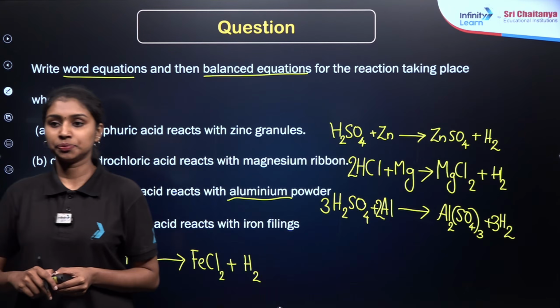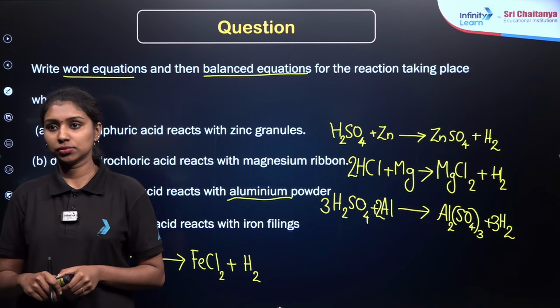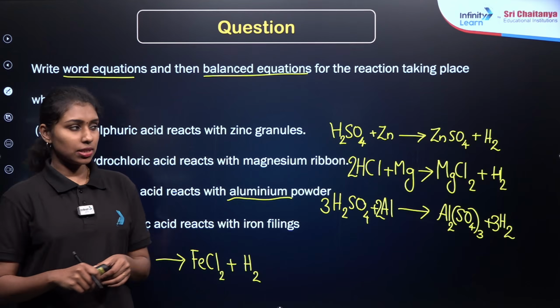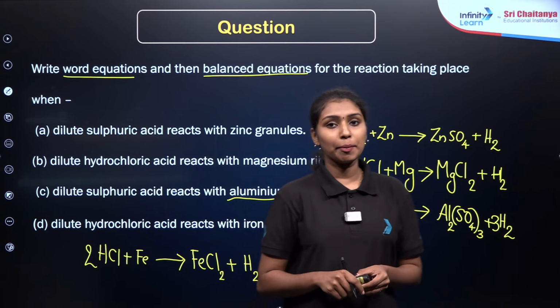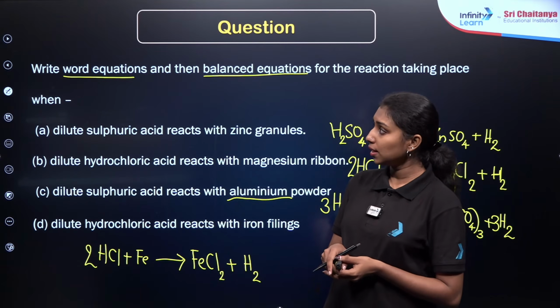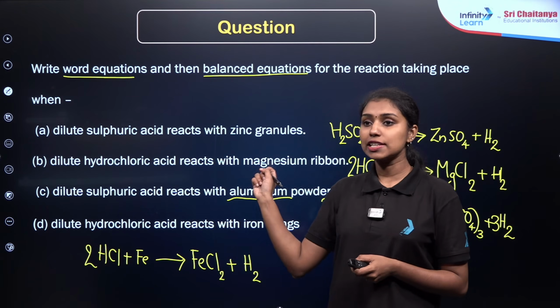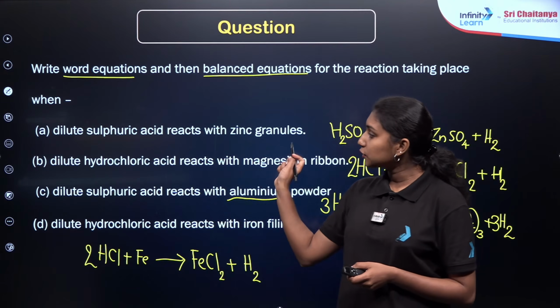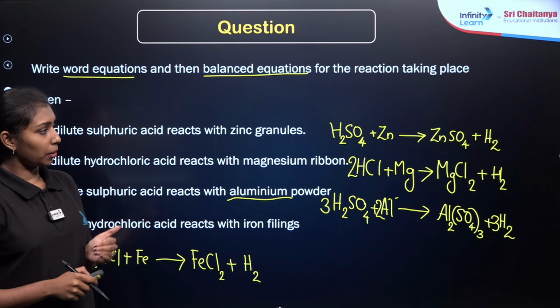Is that clear? You can expect this type of question in the CBSE examination because it is repeated in the chemical reactions and equations chapter, as well as the second chapter, acids, bases and salts, and again in metals and non-metals, because it is a reaction of metals with acid, right? I hope you understand. So this type of question is very important.